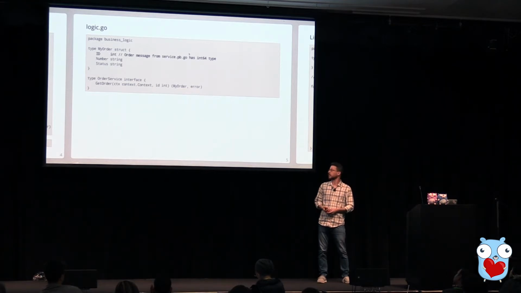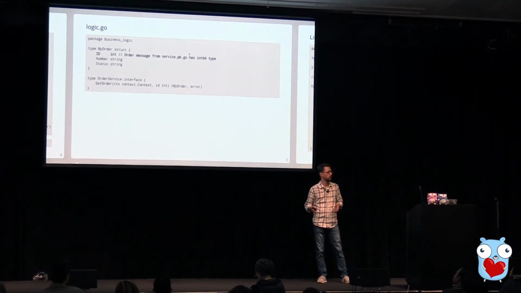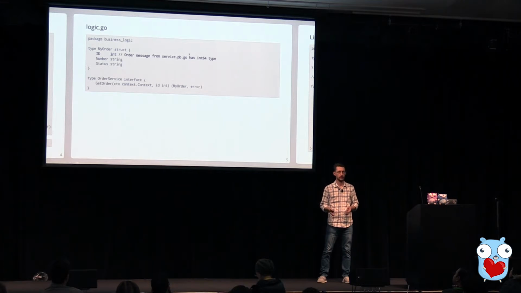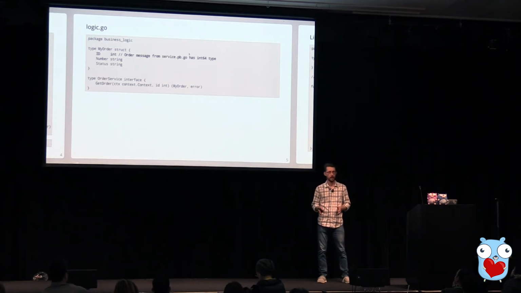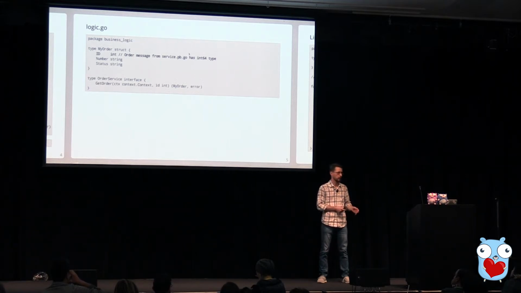Our business logic contains just one struct called myOrder, which is similar to the order message, but it's different a bit, and it has just one interface with one method, which again takes ID and returns order. So in our case, business logic has no idea about transport and how this data could be transferred to the client.